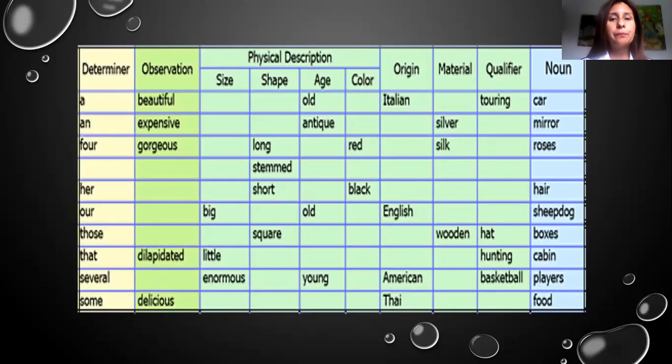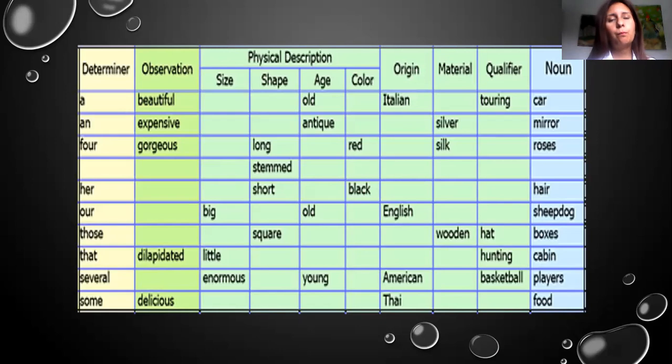And this is a chart that you may remember maybe from your English classes, in which there is a word order for when you want to say a long sentence or a long phrase.